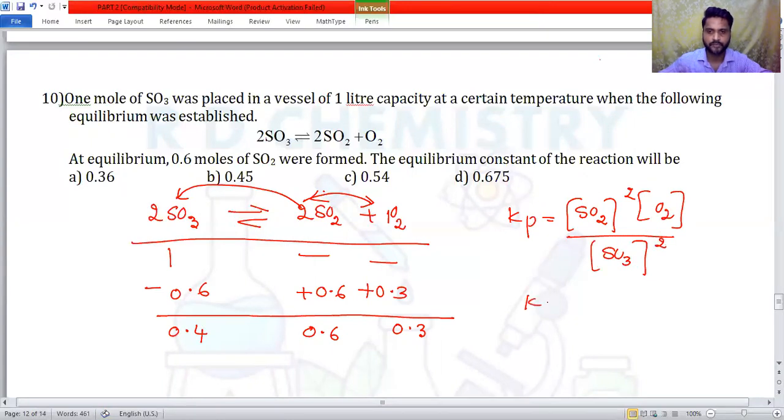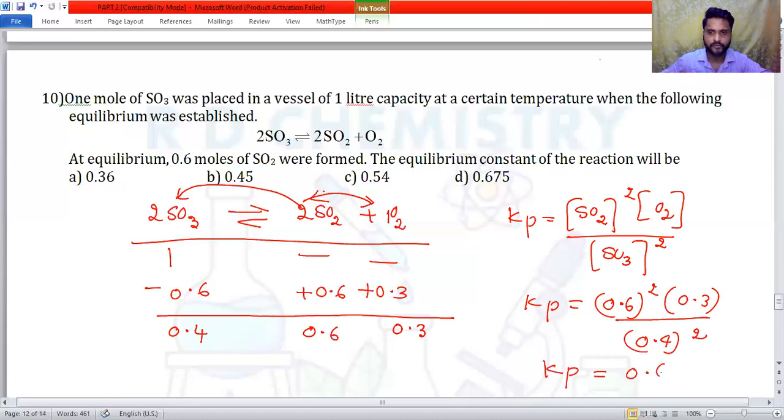So Kp is equal to SO2 0.6 square into O2 concentration 0.3 divided by SO3 concentration 0.4 square. And this answer Kp is equal to 0.675. That is option number 4. The fourth one is the answer, right?